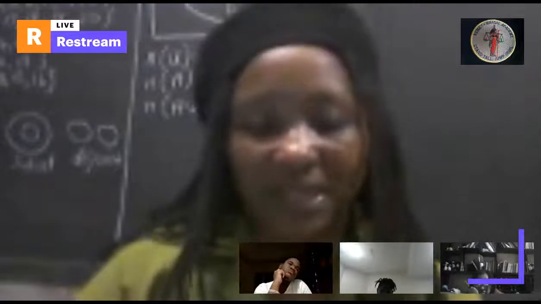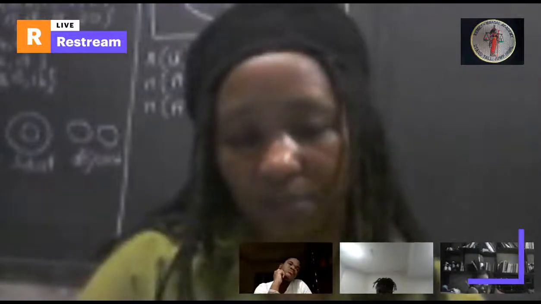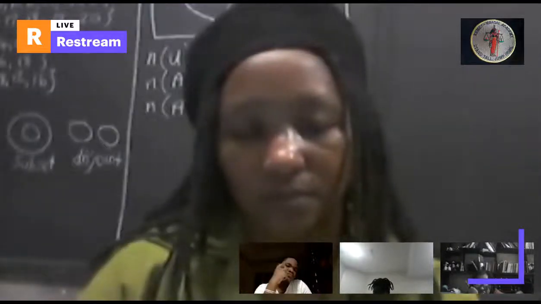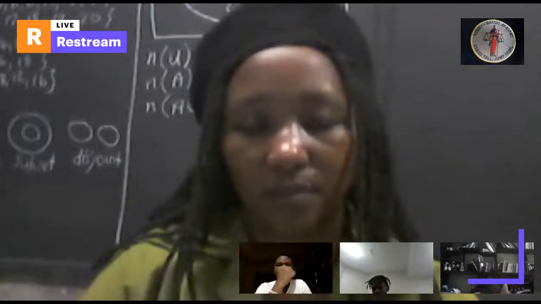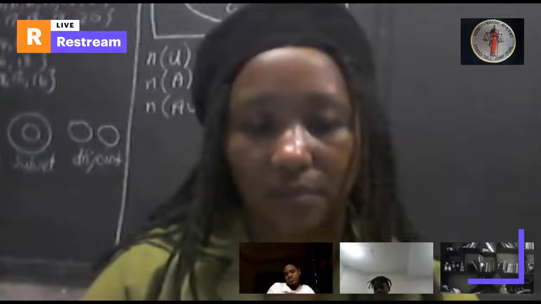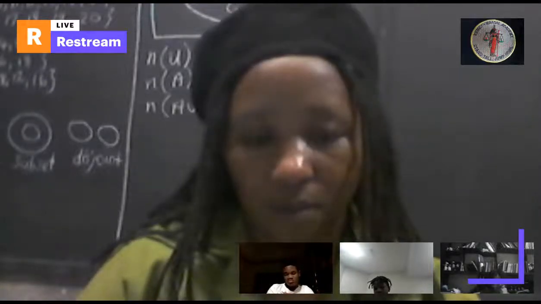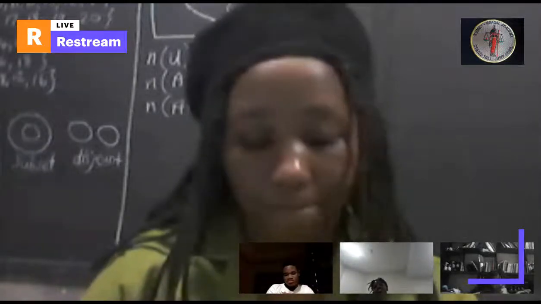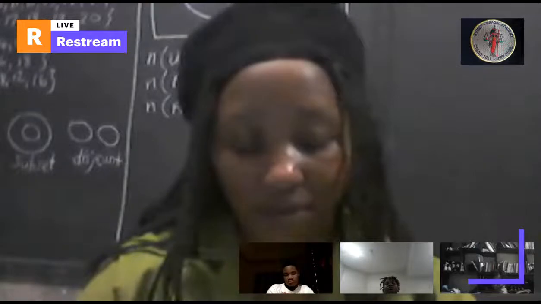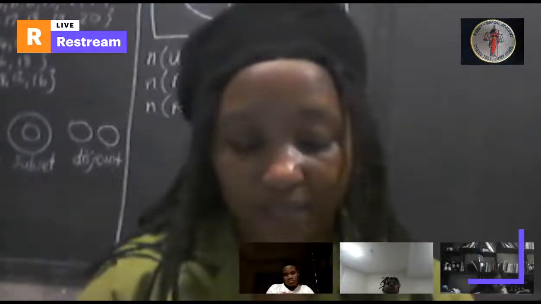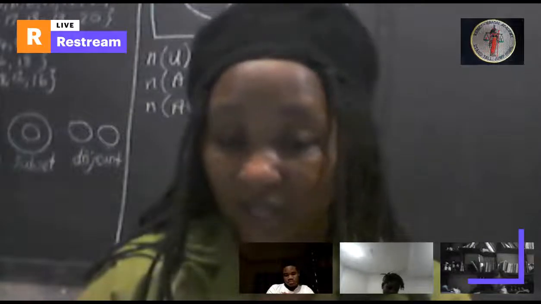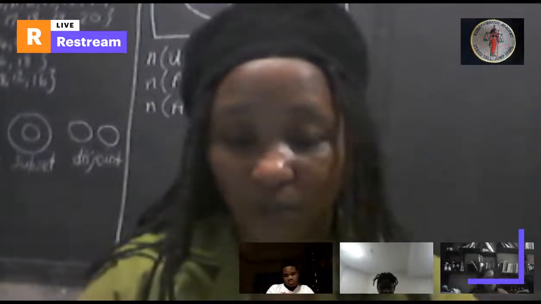All right. So what is the equation that we're working with? We are told that there are 50 elements in A. If you look at the diagram, the parts that make up A would be the 3x plus 10 and the X. Isn't X a part of A as well?